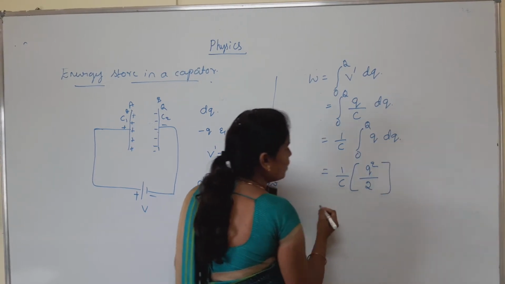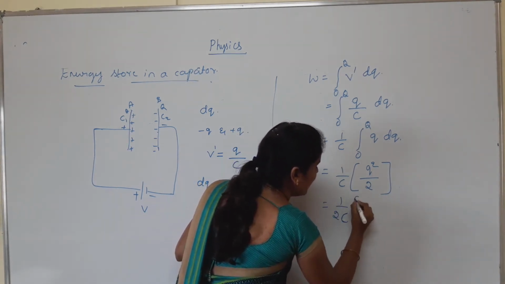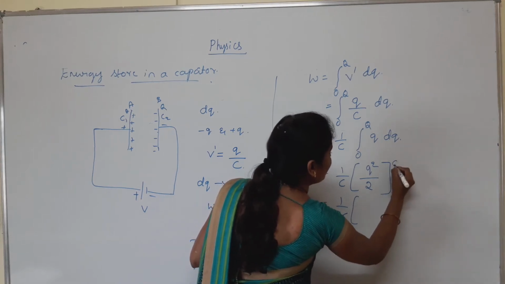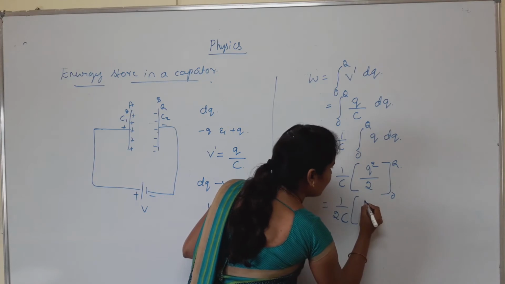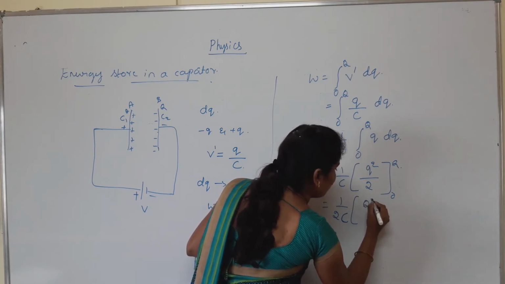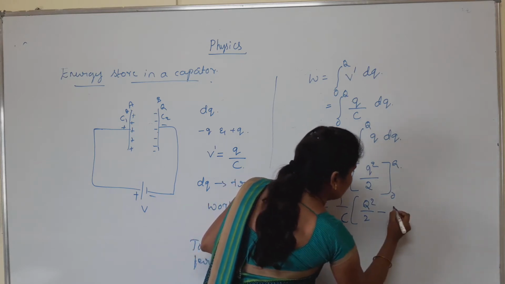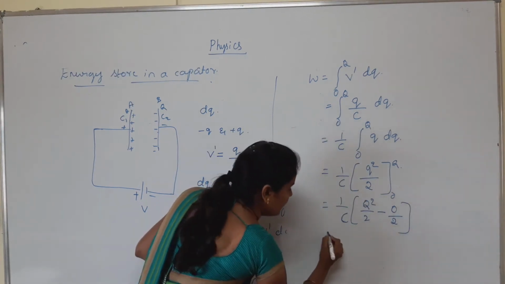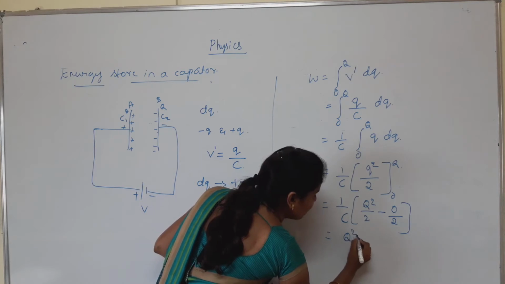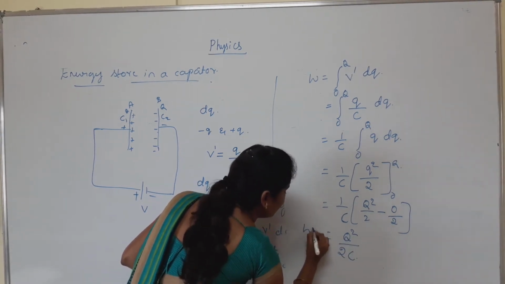Applying the limits 0 to capital Q, we get Q square by 2 minus 0 square by 2, and this is 0. Therefore, W equals Q square divided by 2C. This is the work done.